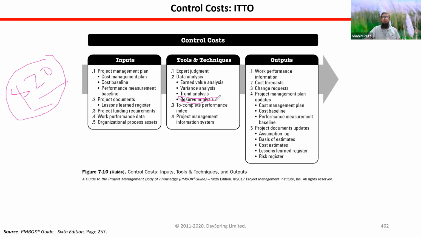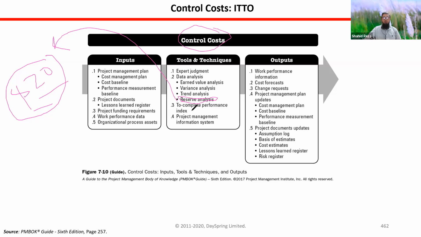So reserve analysis will tell you what you should do with this $20. Control cost reserve analysis checks whether your reserve is still okay or not. Do you need more reserve, or can you release some money that you reserved for the activity, for the risks that did not happen? That is the scope of reserve analysis.